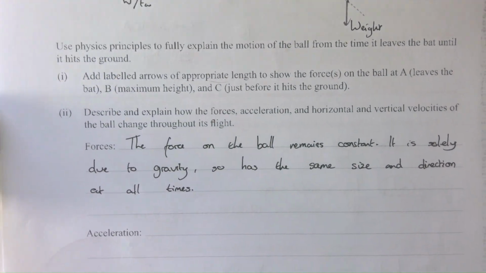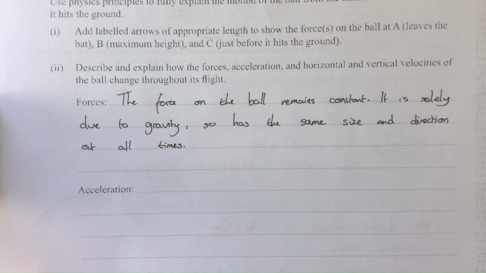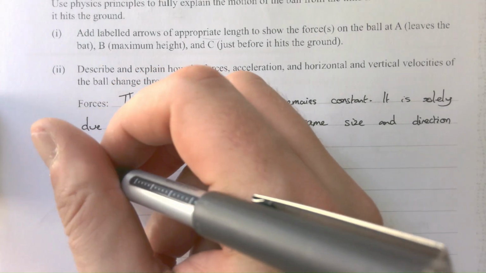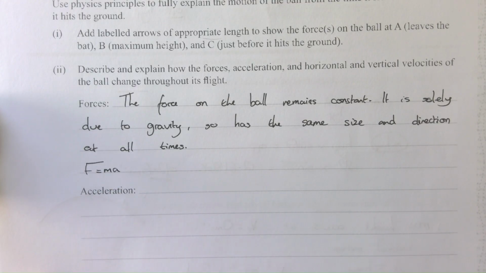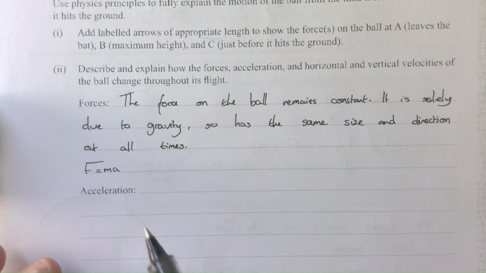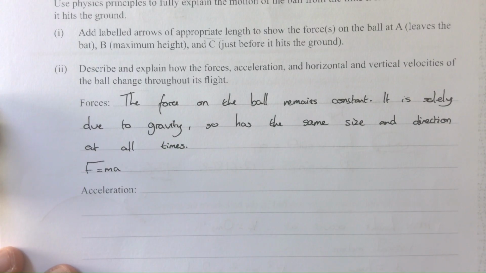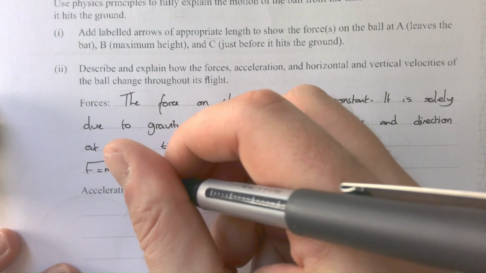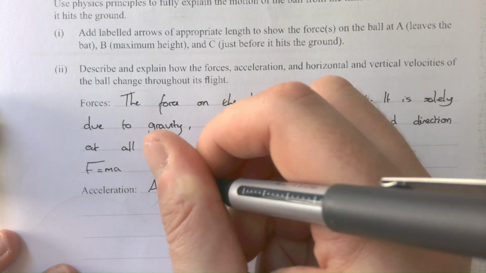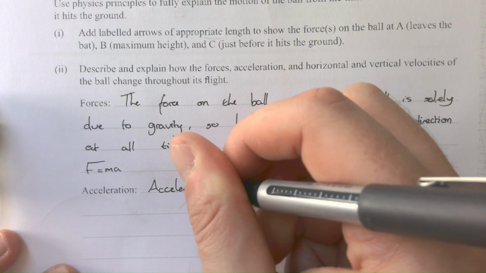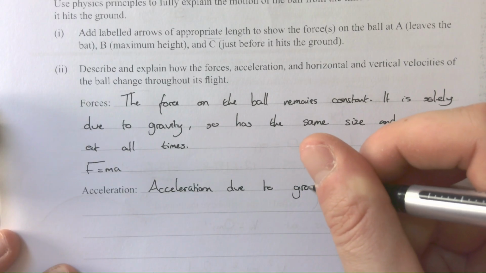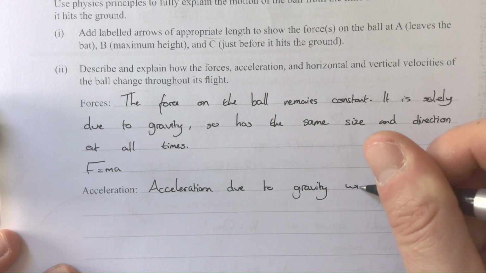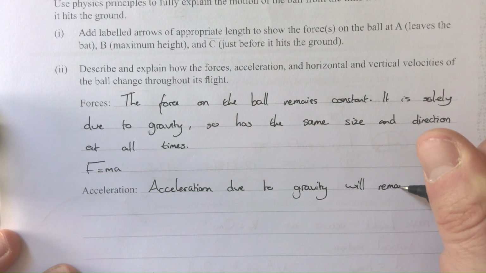Now for acceleration, because F is equal to ma and m is a constant, the acceleration will have exactly the same description as the forces. Acceleration due to gravity will remain constant.